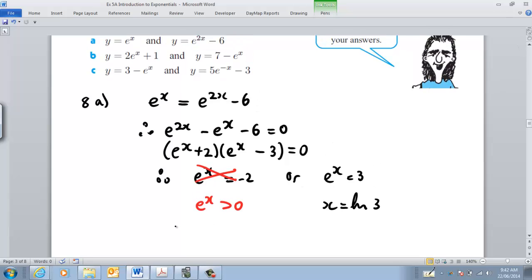So the easiest thing is to say y has to be equal to e to the x value, e to the ln of 3, which gives me a value of 3. So the point of intersection is ln of 3, and 3 is my y coordinate. That's the only point of intersection.